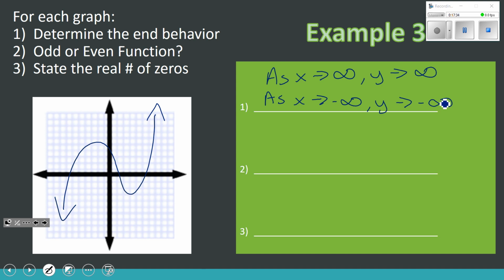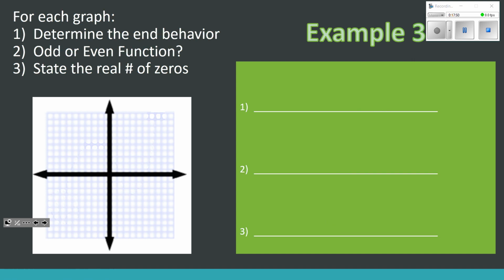As I go to the left, to negative infinity, the y is traveling down to negative infinity, okay? All right, odd or even? Odd, and how many zeros? 3. Are we okay? All right, you try that one. 5 examples total today, so we're almost done.